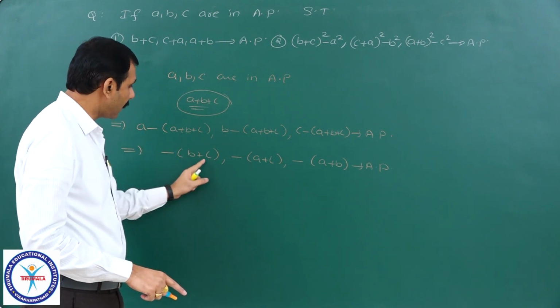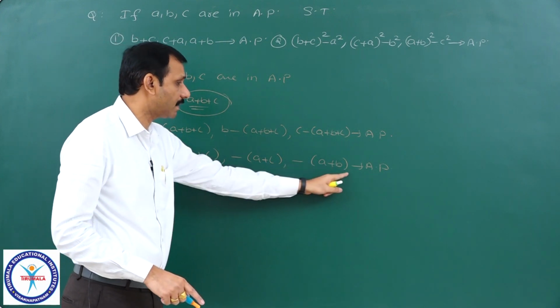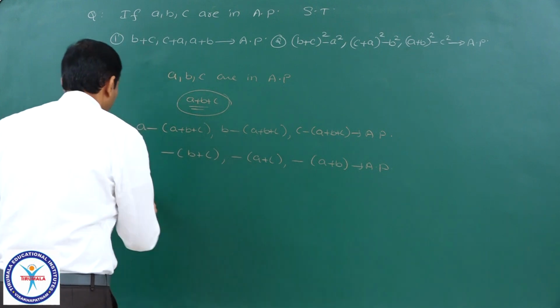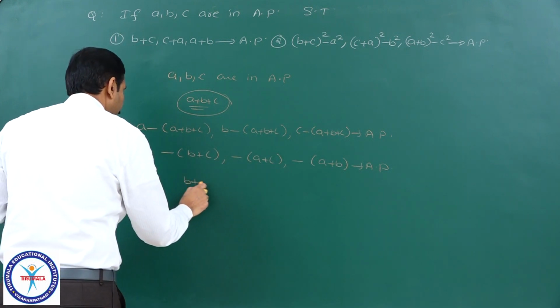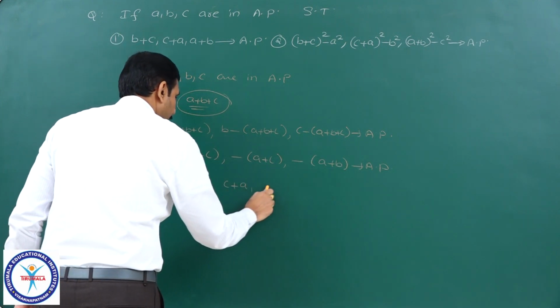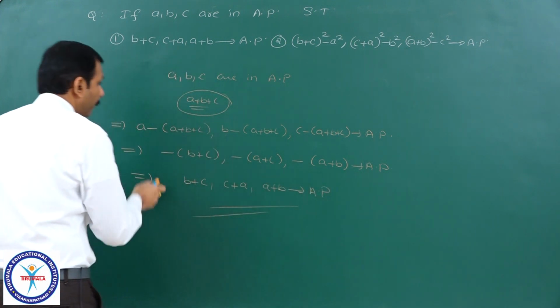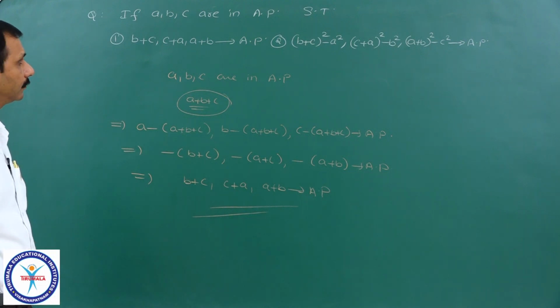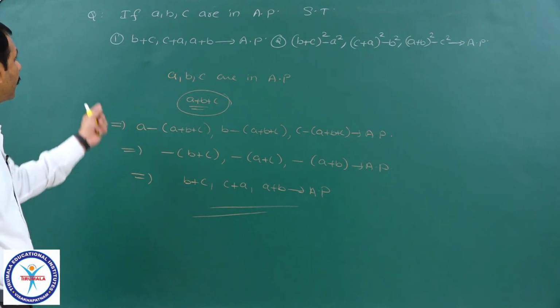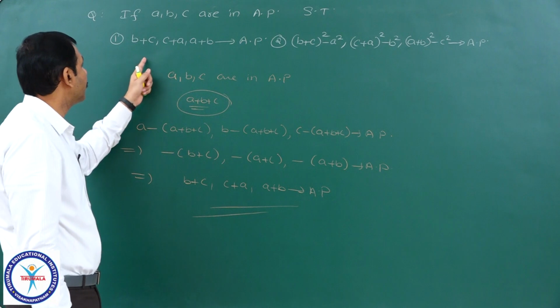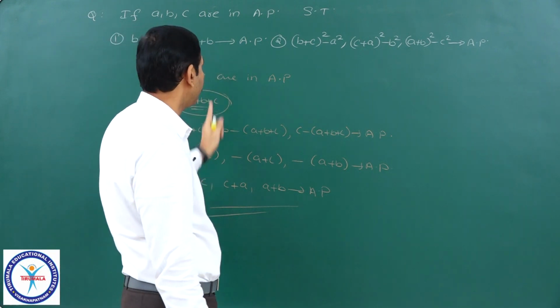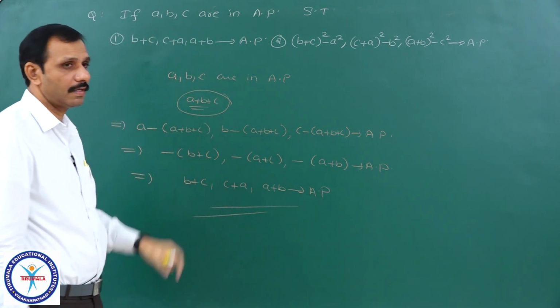Therefore, because minus of B plus C, minus of C plus A, minus of A plus B are in AP, I can write B plus C, C plus A, A plus B are also in AP. Completed that. Therefore, whenever A, B, C are in AP, then B plus C, C plus A, A plus B are also in AP. That is the first result.